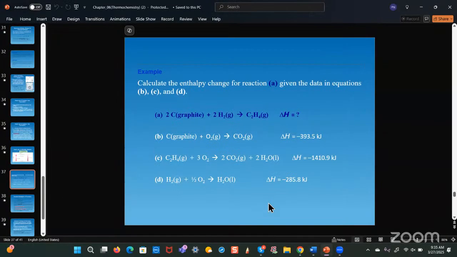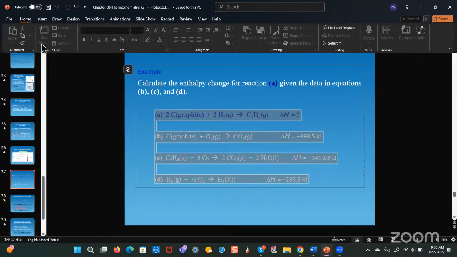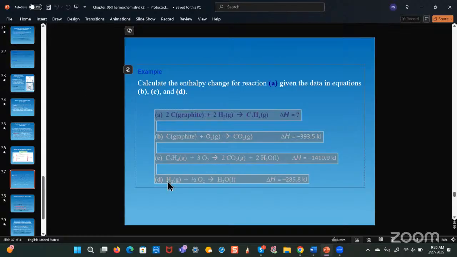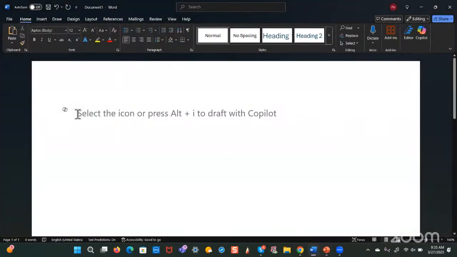This right here, it's not highlighted, so I can't even.